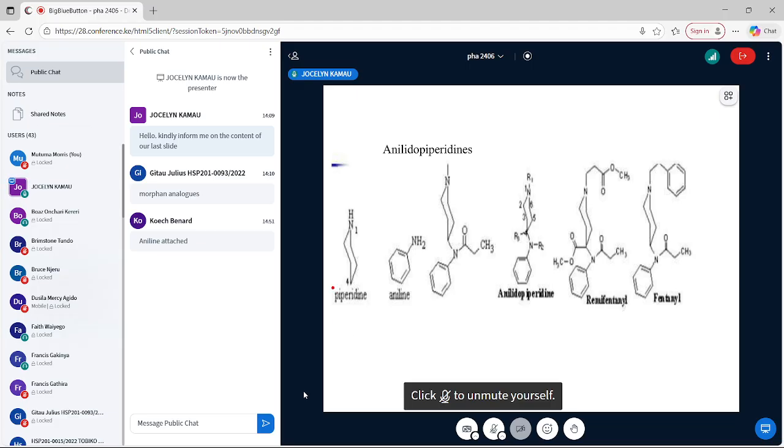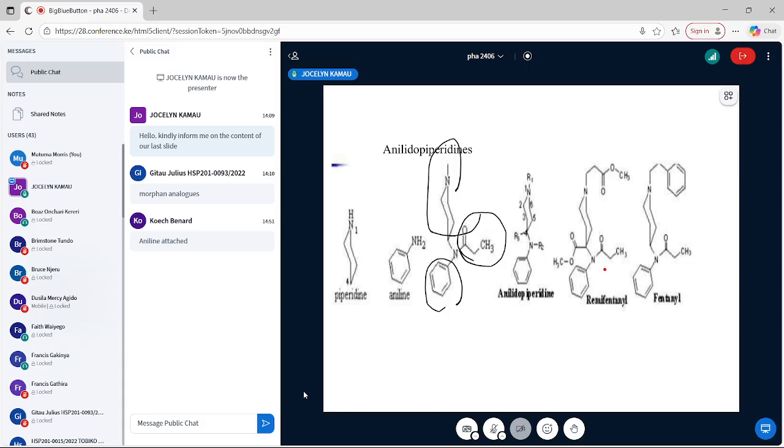So you have the piperidine, the aniline, and that is our anilidopiperidine. You can see that nitrogen, that's the piperidine, and that is our phenyl group joined through the nitrogen, and then you have our ketone, and that is definitely fixed.